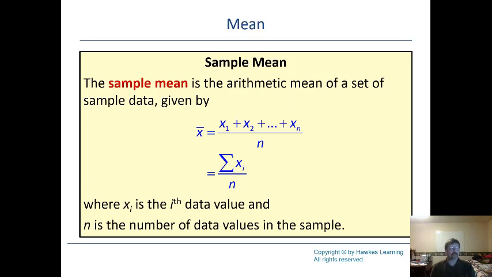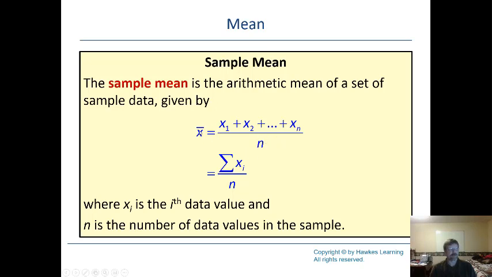A sample mean is the arithmetic mean of a set of sample values. We probably all know this more commonly as the average. It's the arithmetic average. In statistics, it gets called the mean instead. Why did we change the name? Apparently because we're mean. So that is just the sum of the values in your data set divided by the total number.